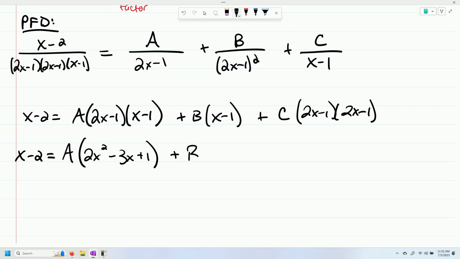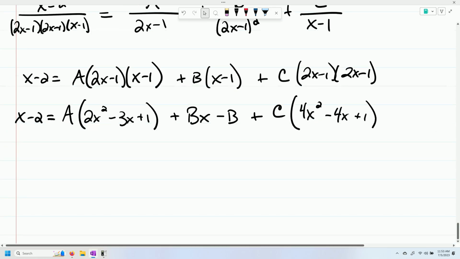For the letter B, it's just Bx minus B. And finally, for C, if you recognize that you have a binomial squares pattern, you could save yourself a lot of distributing just by using the formula. In case you don't remember the formula, that's fine as well. I'm just going to write C times the quantity 4x to the second, minus 2x plus 1. So we get a negative 4 in the middle. So negative 4x plus 1.